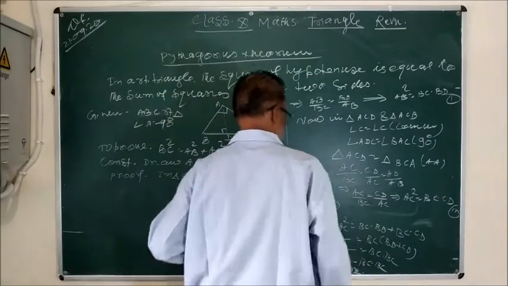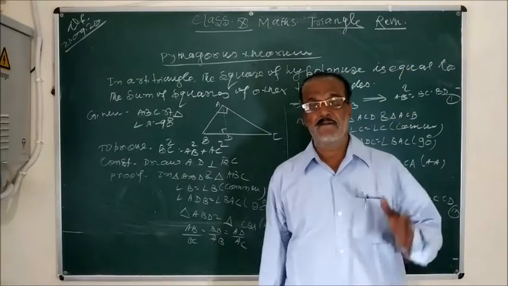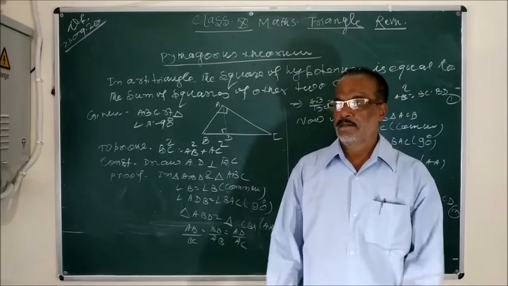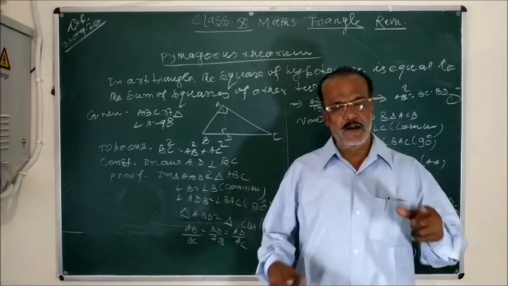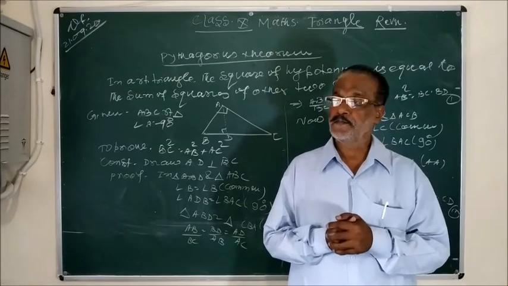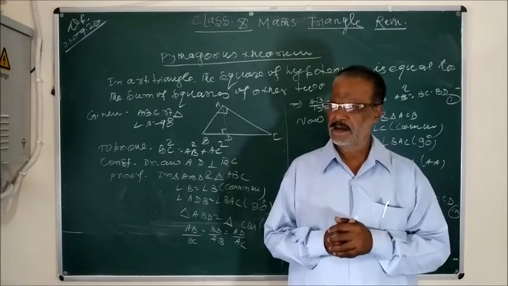Pythagoras theorem, two theorems. Although in triangle we have four theorems: Thales theorem, Pythagoras theorem, converse of Pythagoras theorem, and ratio of the areas of two similar triangles.